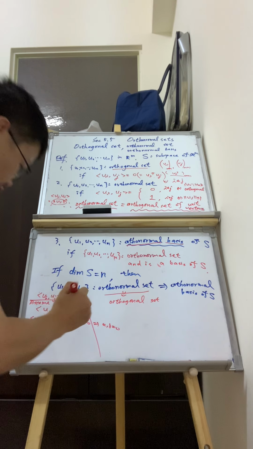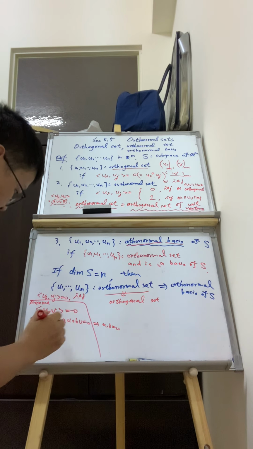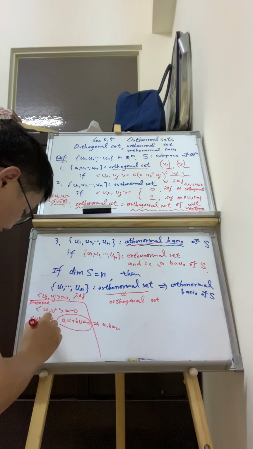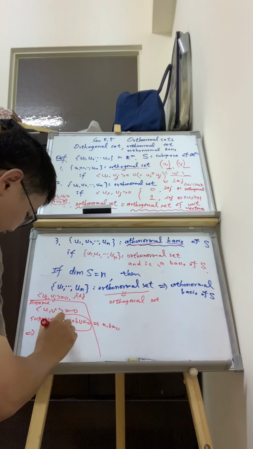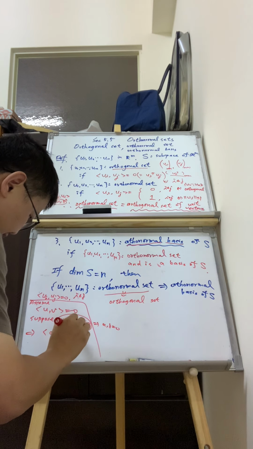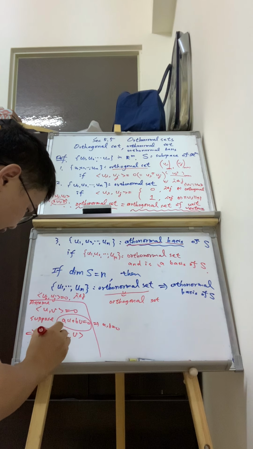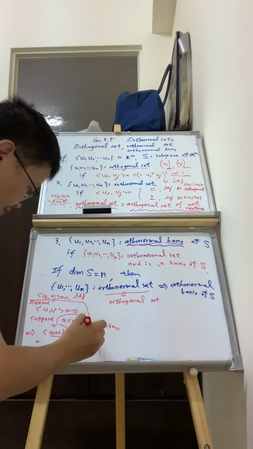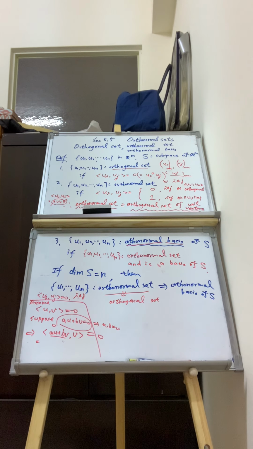Now suppose aU plus bV is the zero vector. Then its inner product with any vector must be 0.